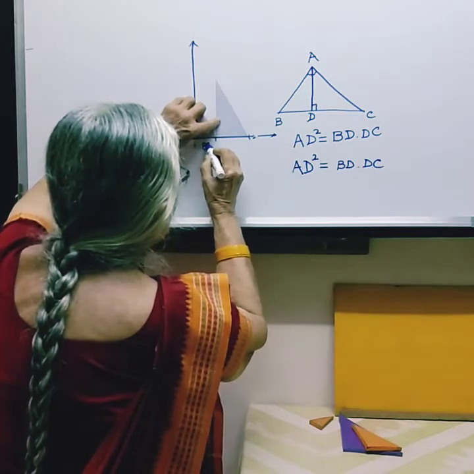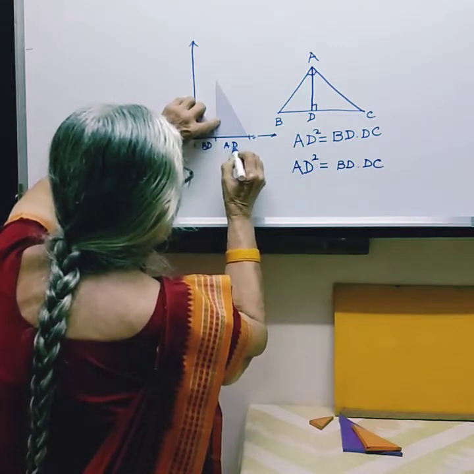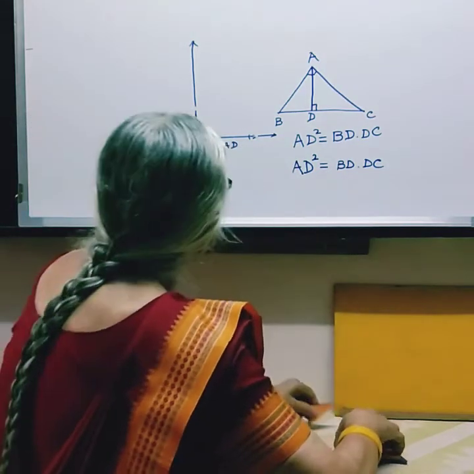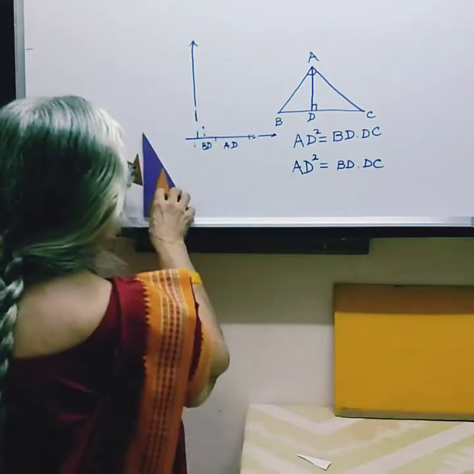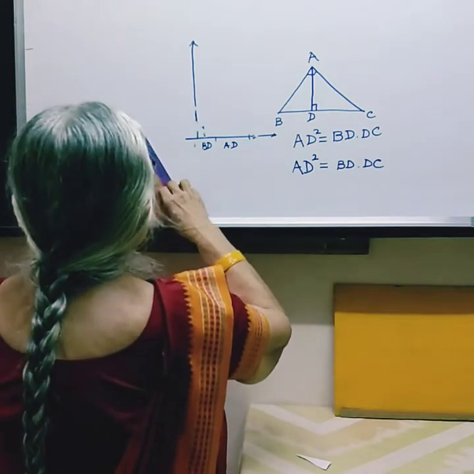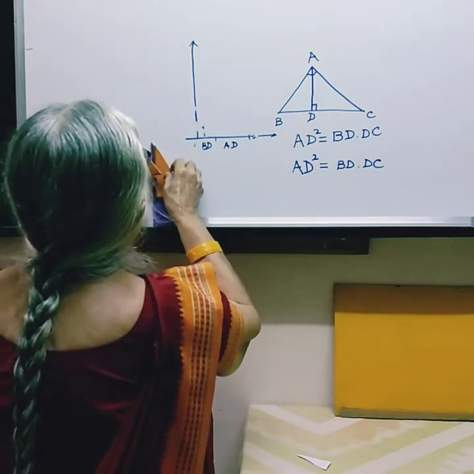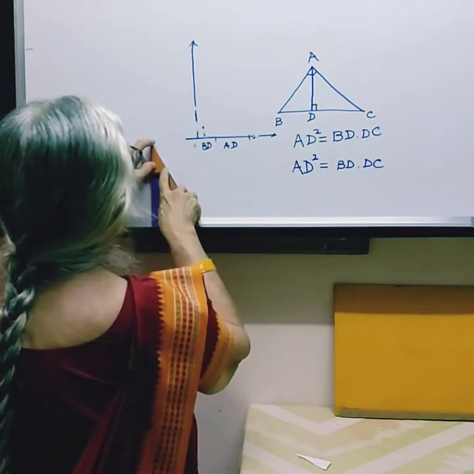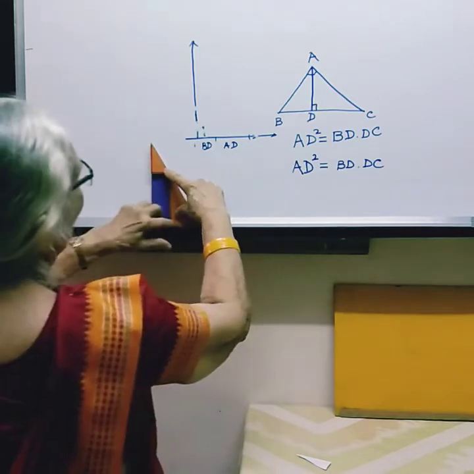This is our BD and this is our AD. And now what was to be done next? The other lengths we did not measure. We already took BD and AD.